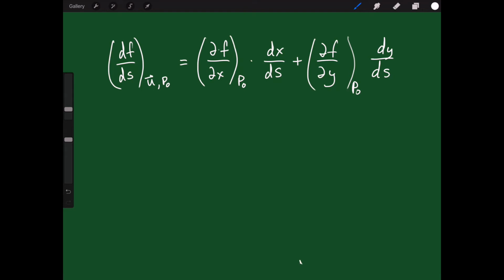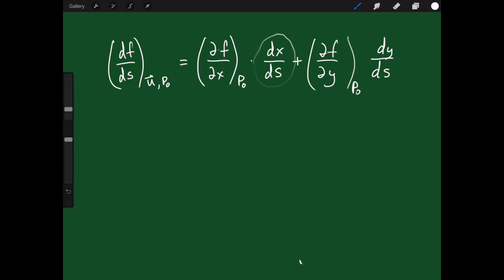Now, what we would notice is, what are we talking about here when we say the change in x with respect to s? Well, that is the movement in the x direction over this parameter s. But we have that. We have the change in direction in the x direction. We're calling that the x component of our unit vector.